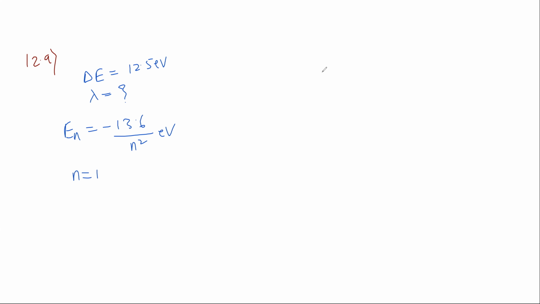So 12.9. So here they have given delta E value, that is 12.5 electron volt, and they asked to calculate wavelength. We know that energy En is equal to minus 13.6 divided by n square electron volt ಅಂತ ಗೊತ್ತಿದೆ. ಅದೇ ಗ್ರೌಂಡ್ ಸ್ಟೇಟ್ ಇತ್ತು ಅಂದ್ರೆ n is equal to 1 ಅಂತ ತಗೊಂಡ್ವಿ ಅಂದ್ರ E1 is equal to minus 13.6 divided by 1 square ಮಾಡಿದ್ರೆ anything divided by 1 ಅಂದ್ರೆ same thing, minus 13.6 electron volt.